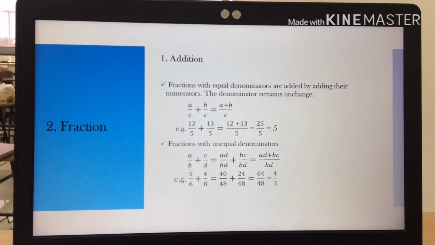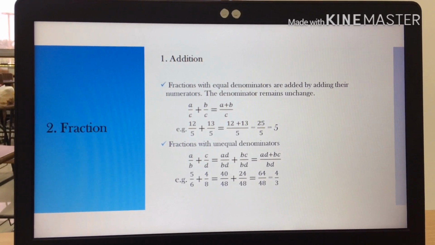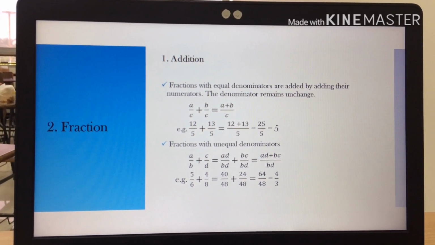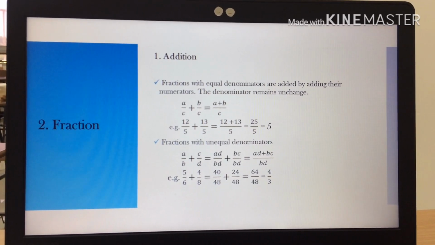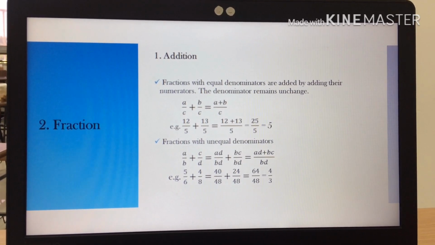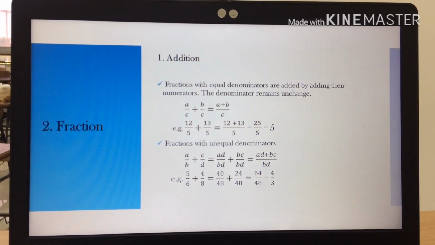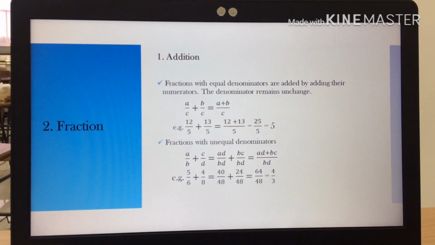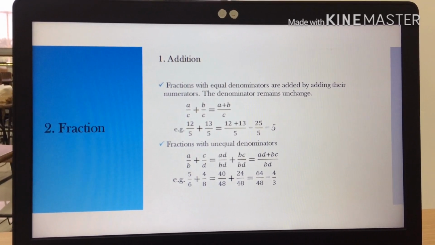For example, 5 over 6 plus 4 over 8 is 14 plus 48 plus 24 over 48 equals 64 over 48 equals 4 over 3.